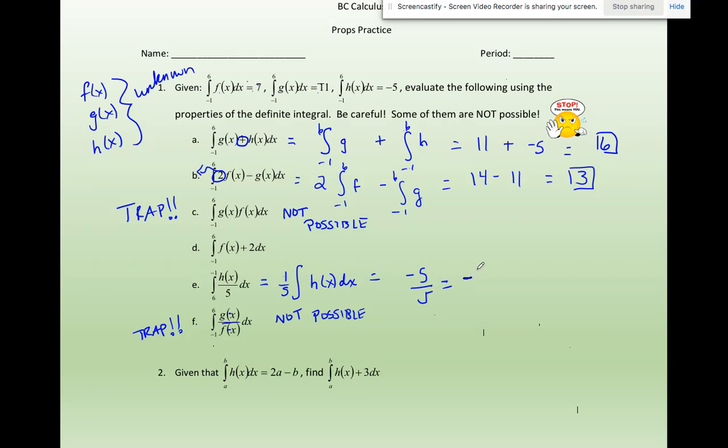So I get -1, right? Right? No, not right. What did I not look at? What's going on? Look at the bounds. The bounds are going the wrong way. Starting at 6 and going back to -1 means your dx's are negative. So negatize your result.